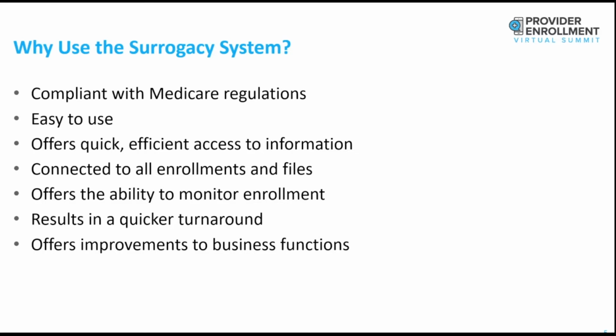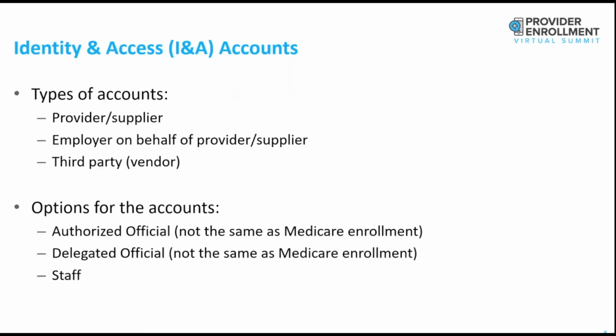If you file your applications electronically through PECOS, the federal regulations state that those should be completed in half that amount of time. So as I stated, there is a much quicker turnaround, and it offers improvements to business functions. You have much more access and ability to do things once you're doing it electronically than if you're doing it on paper.